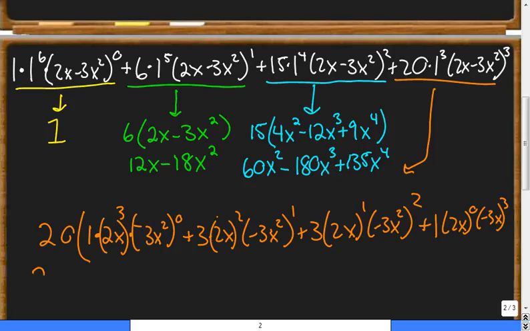All together, 20 times this at the beginning, the first term makes 8x cubed. Then plus 3 times 2 squared, so that is 12, times negative 3 is negative 36.